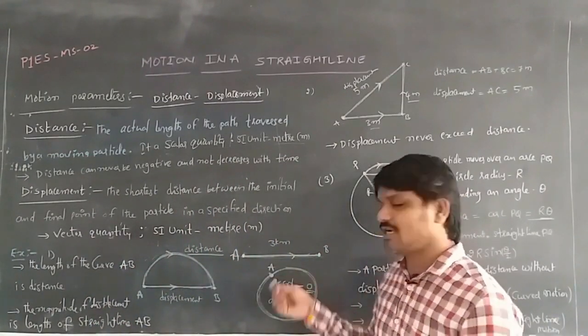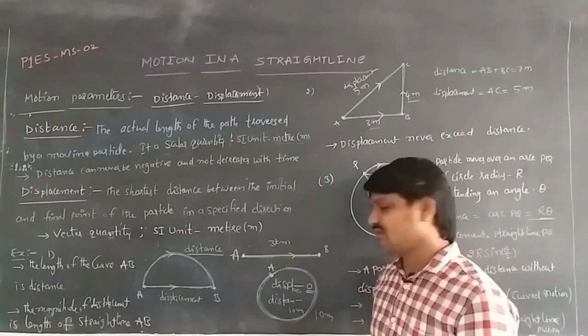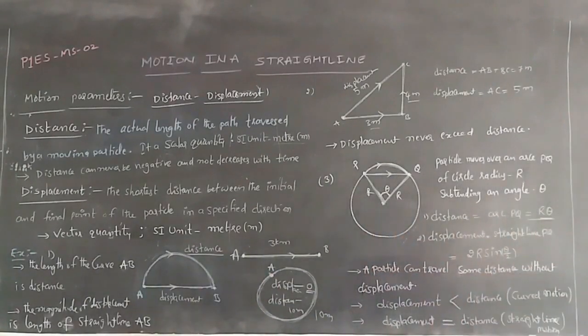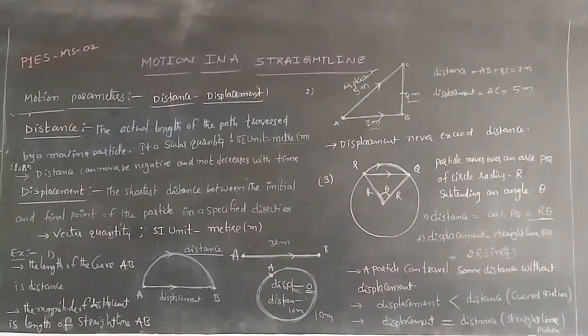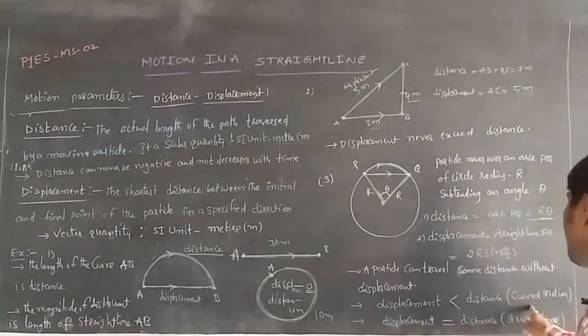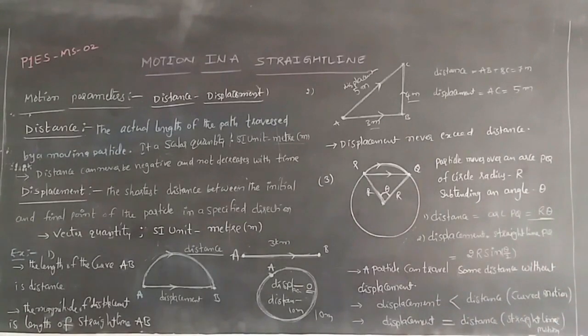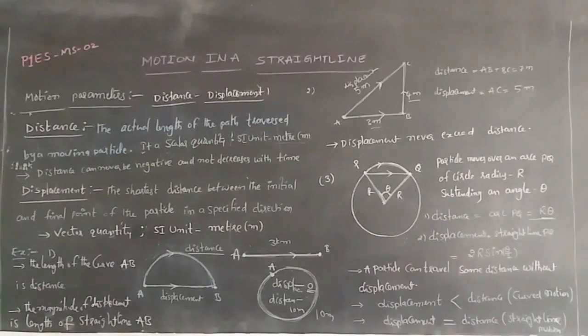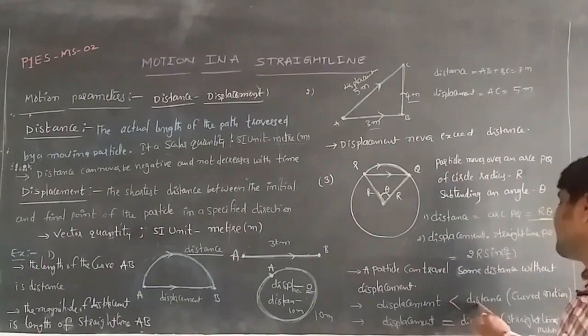The displacement can be less than the distance, and this comes from curved motion. Whenever the body travels a certain distance, the displacement is always less than the distance.